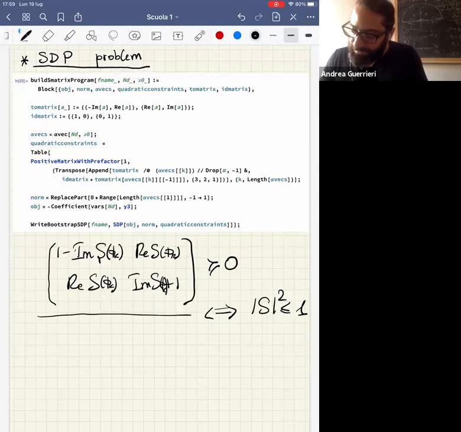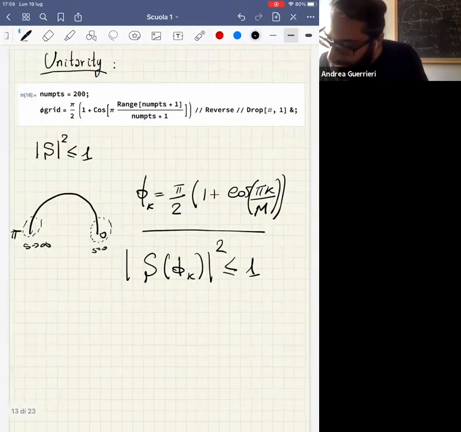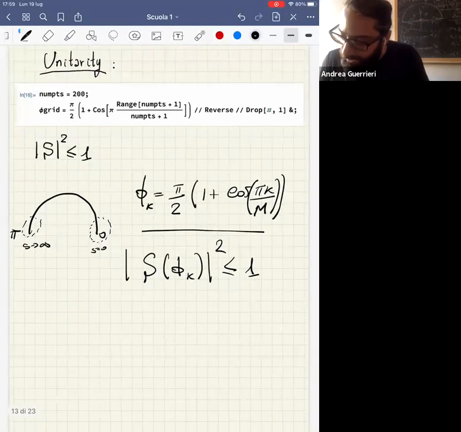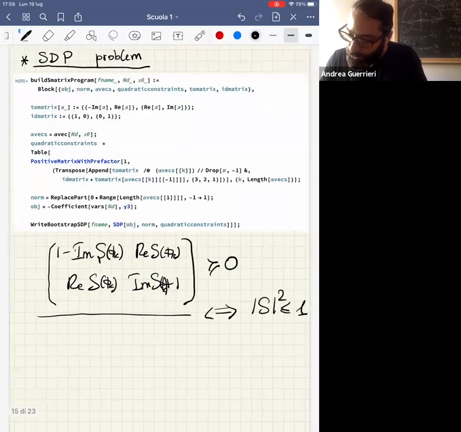So for instance, in our example here, the number of points is 200, so we will have 200 semi-definite constraints to pass to SDPB.